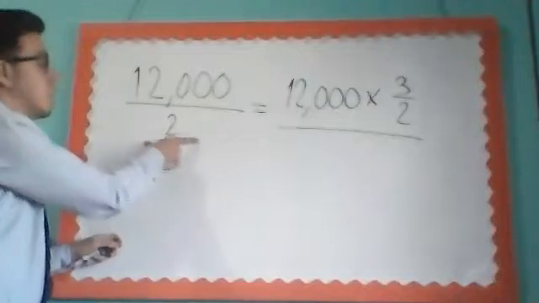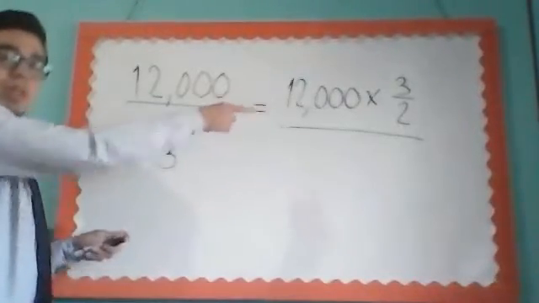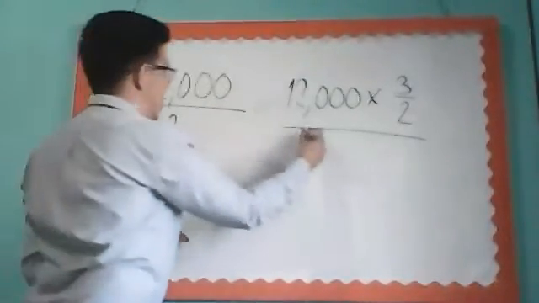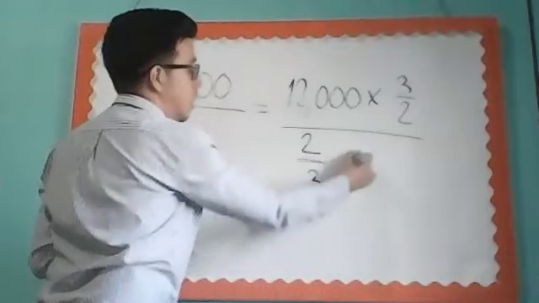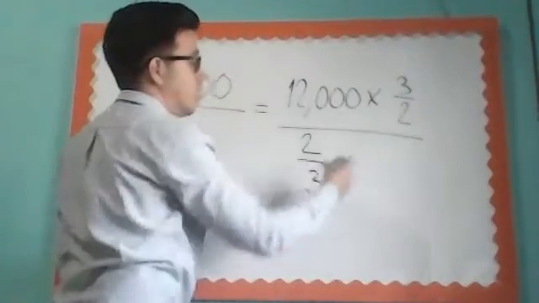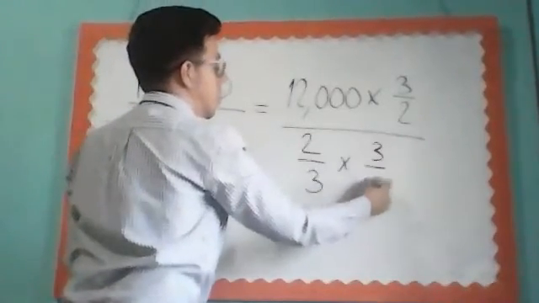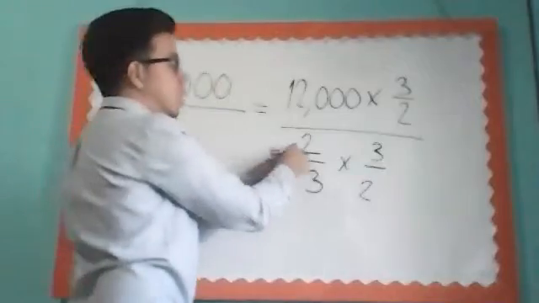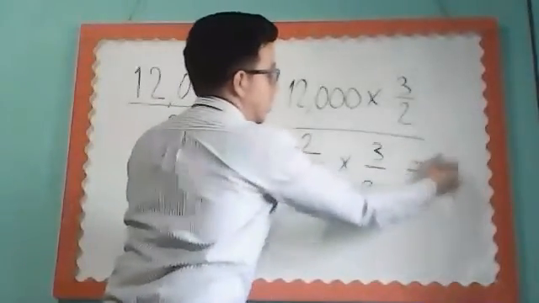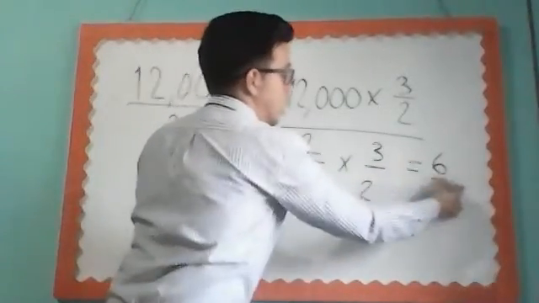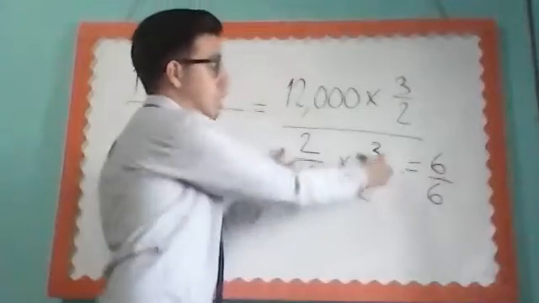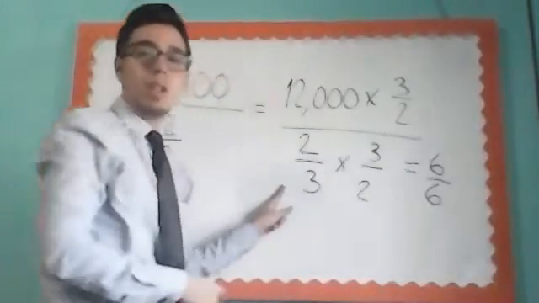And now, in this case, I need to multiply by the same number. I have 2/3 multiplied by the same number I have on the top, 3/2. When you multiply this, 2 times 3 is 6, and 3 times 2 is 6 again. So at the end, this is going to be 1.